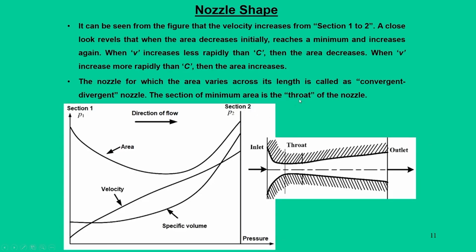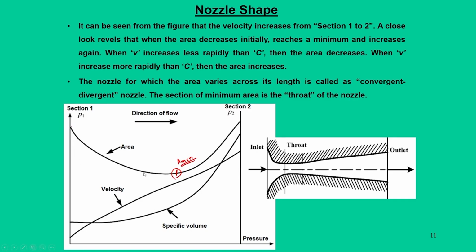What has been seen here, from section 1 to 2, is that the area decreases initially, reaches a minimum value, and then further increases. So, this point gives the minimum area, and after that it again increases.